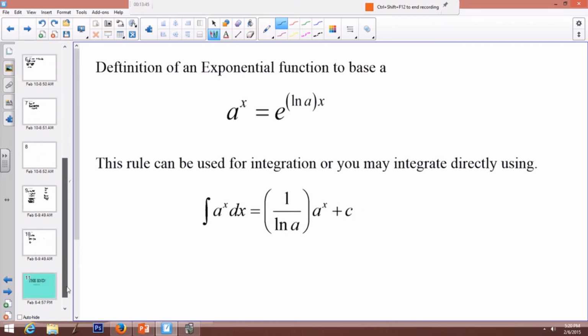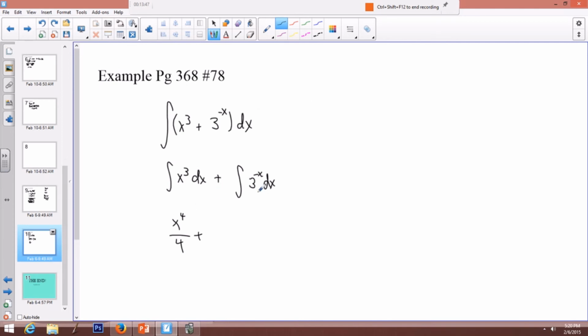So let's go back down to here. We'll have 1 over the ln of the base, which is 3, times that expression again, times the derivative of x, which would be -1, plus some constant c. And so our final expression, x to the 4th all over 4, we'll take that negative and incorporate it into our final answer.